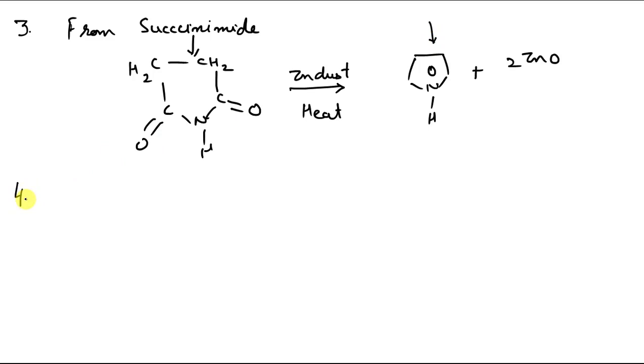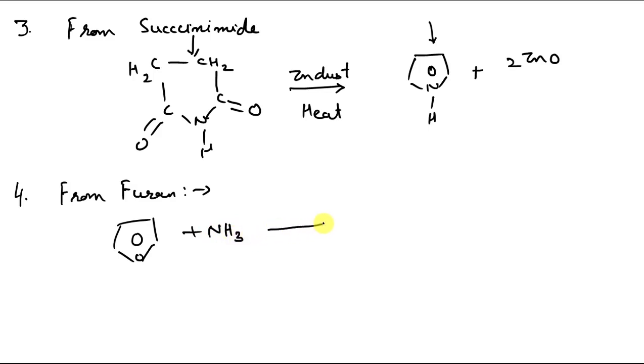Now the next method is we can also prepare this pyrrole from furan. So we have discussed furan is a 5-membered heterocyclic compound with oxygen. This compound is furan. So we heat a mixture of furan and ammonia in the presence of steam on alumina, Al2O3, at a very high temperature, around 750 Kelvin.